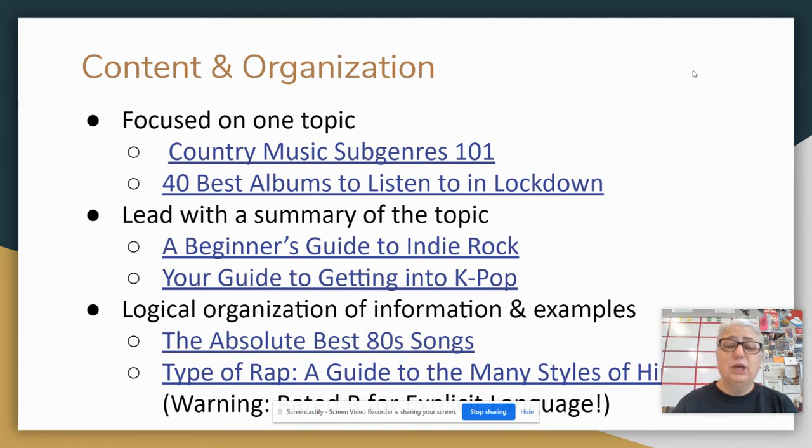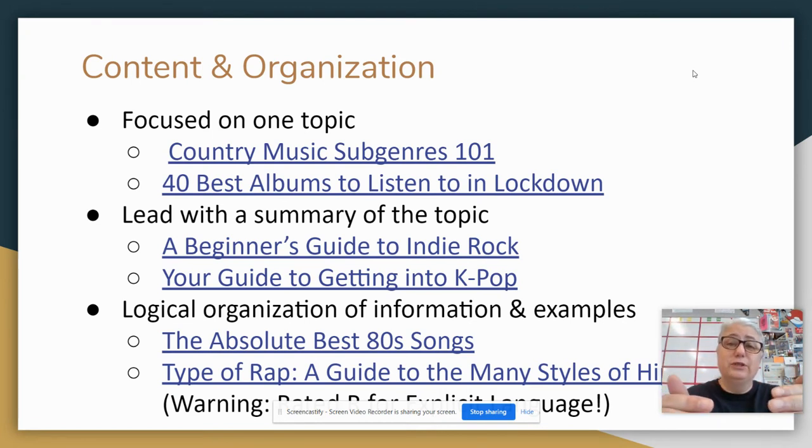And thirdly, you must have logical organization of information and examples. So you want to make sure that your information is organized logically so that one idea builds upon another. Or you're going to talk about the most important thing and then the next important and next. Or perhaps you want to talk about how a movement got started.